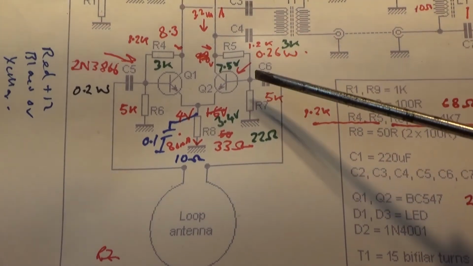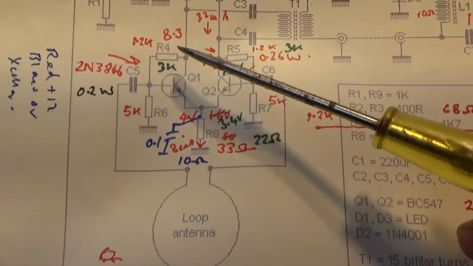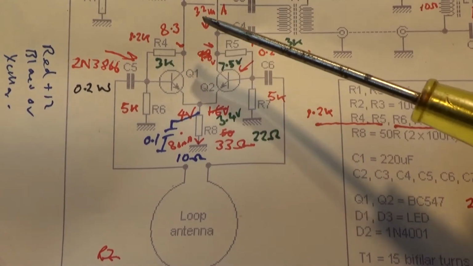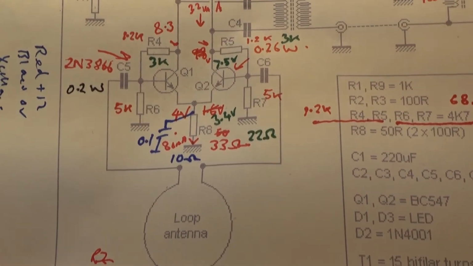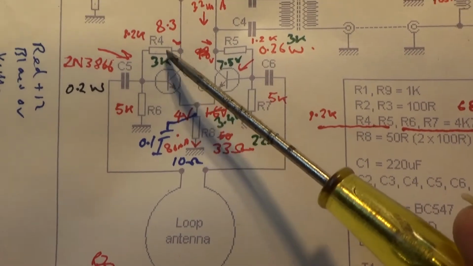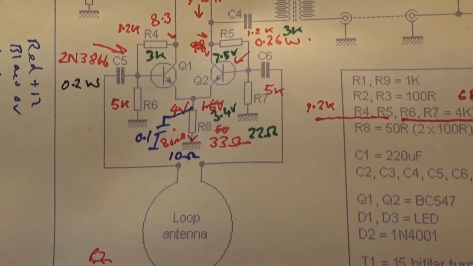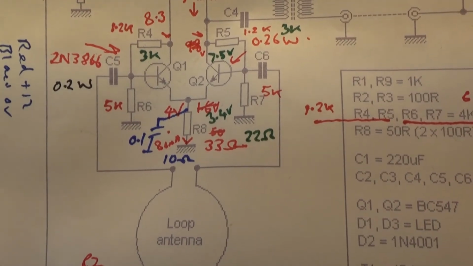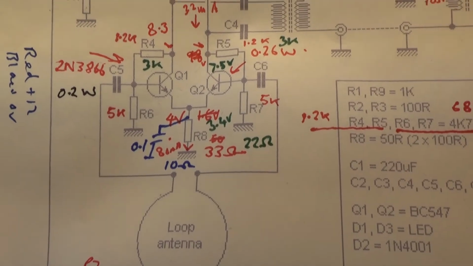So what I've done is I've lifted the connection there on each resistor, joined those together, and I'm feeding that point from an external voltage source, so I can vary the voltage on those biasing resistors and change the current through the transistors. At the moment I've got it set up so that the total current draw is 75 milliamps according to the original design.